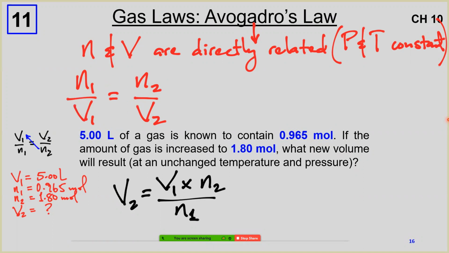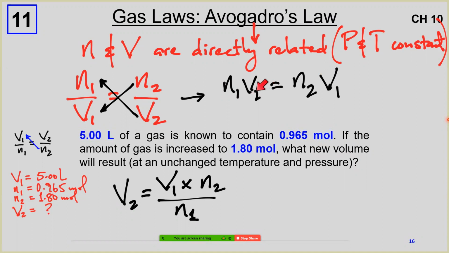Yeah, if you want to isolate V2 from this equation, they're the same thing. It's ratio and proportion. If you want to see it from this point of view, you cross multiply, and this gives us N1 V2 equals N2 V1.